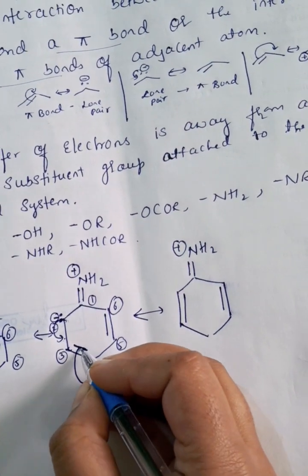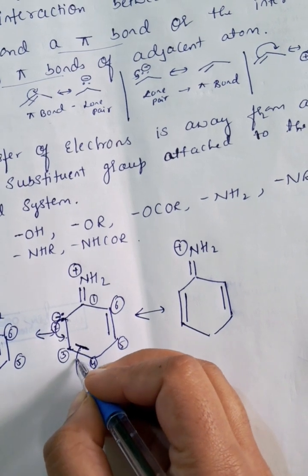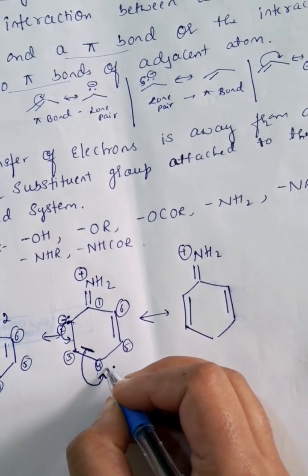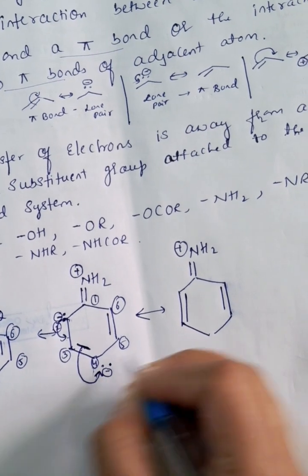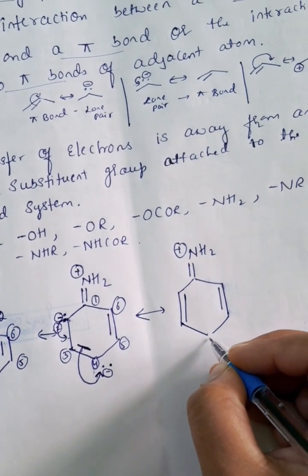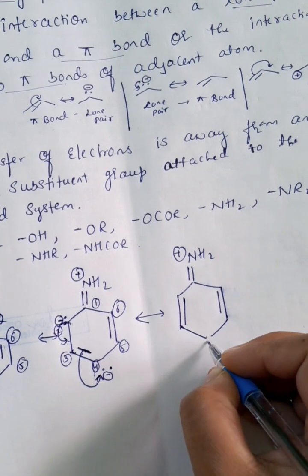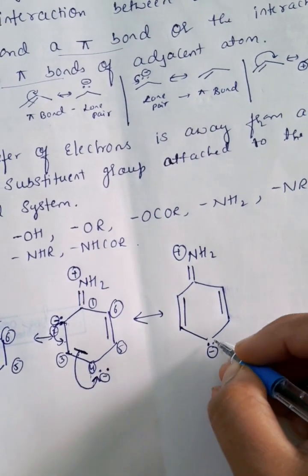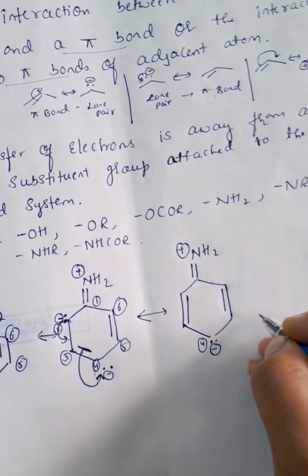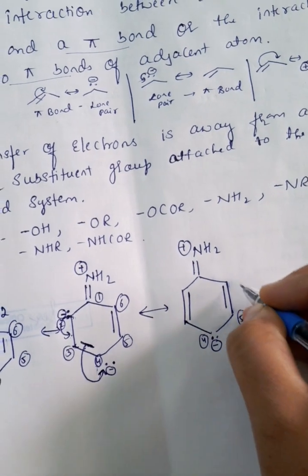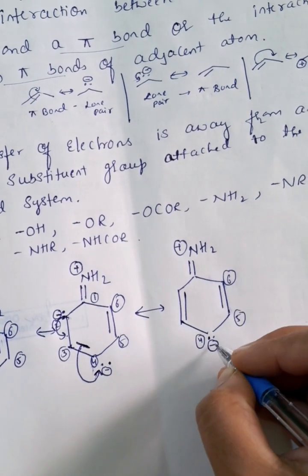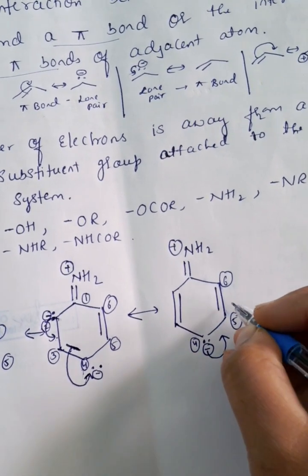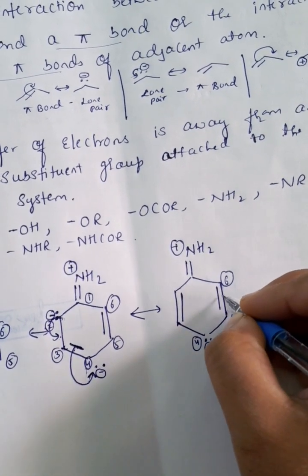And between 3 and 4, the pi electron is shifted to carbon 4, so we can write it like this. This carbon 4 electrons I can show here. Now from carbon 4 it shifts to carbon 5 and from carbon 5 to carbon 6. So the next shift is between carbon 4 and carbon 5, and the next between 5 and 6.